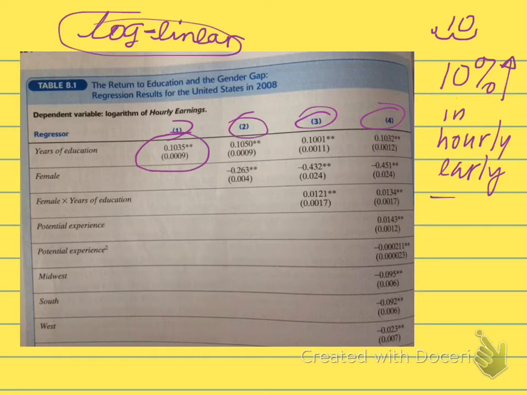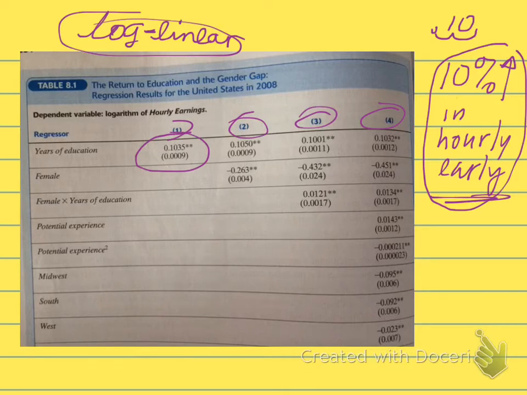Notice we could say it 2 ways and be correct. We could say for each 1 unit increase in years of education, that is, for each additional year of education, there's a 0.1035 increase in the log of hourly earnings. But of course nobody knows what that means, and that's why we instead use our other interpretation, which is that a 1 unit increase in years of education is associated with a 10% increase in hourly earnings.